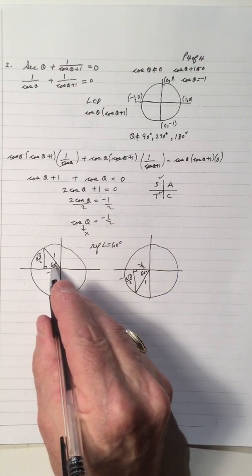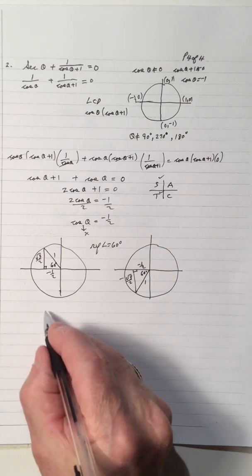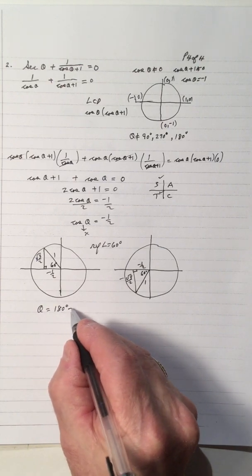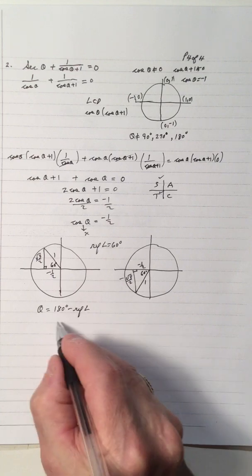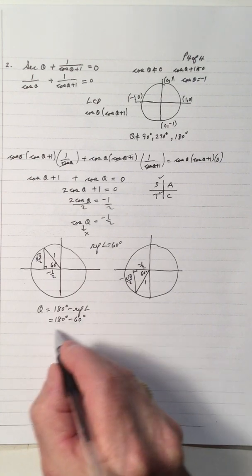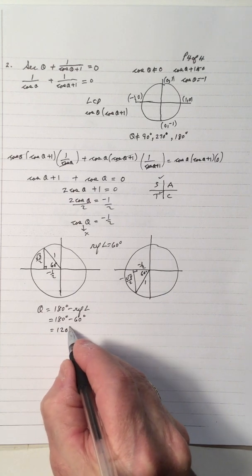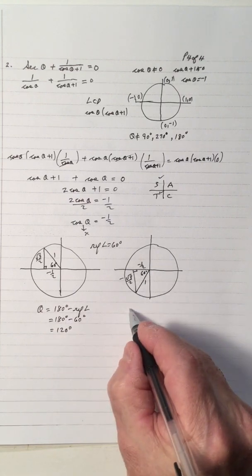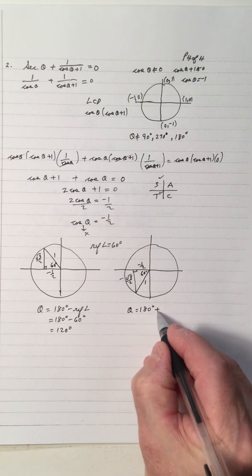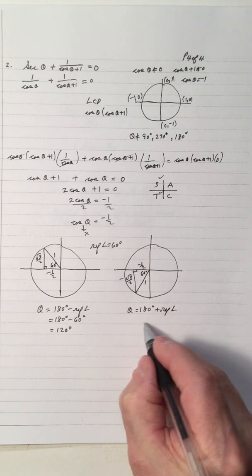So in the second quadrant, theta is 180 minus the reference angle. So it's 180 minus the 60, which is 120 degrees. And in the third quadrant, theta is 180 plus the reference angle.